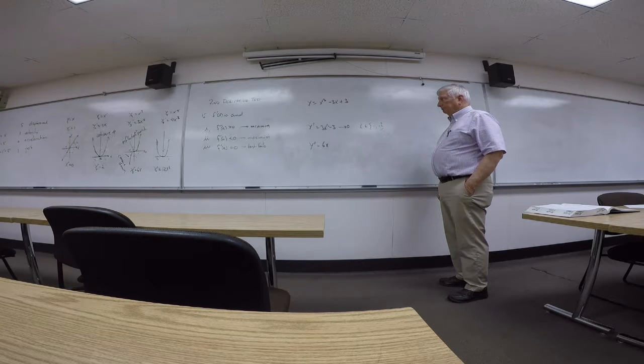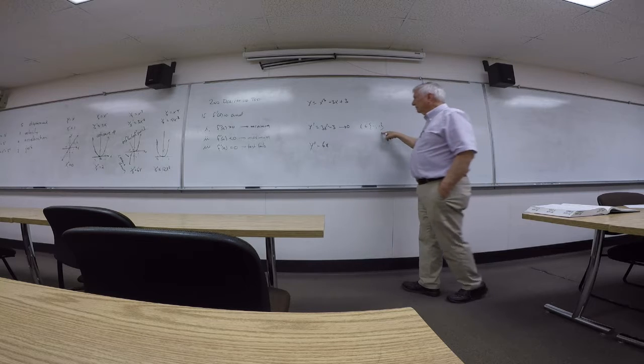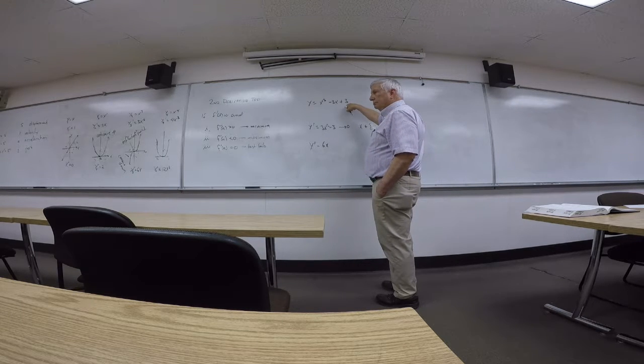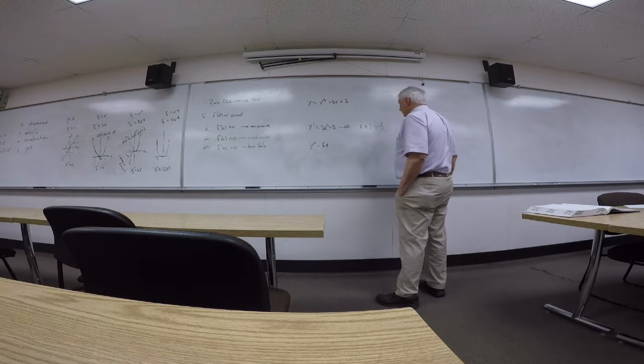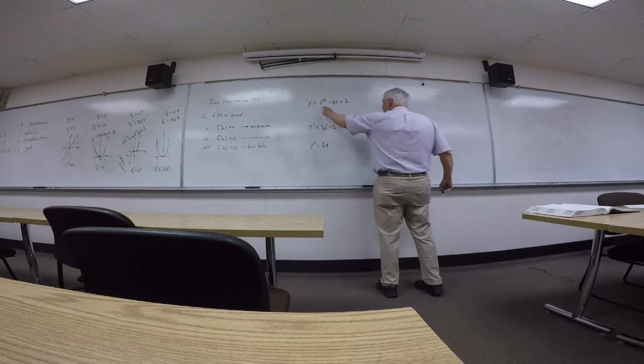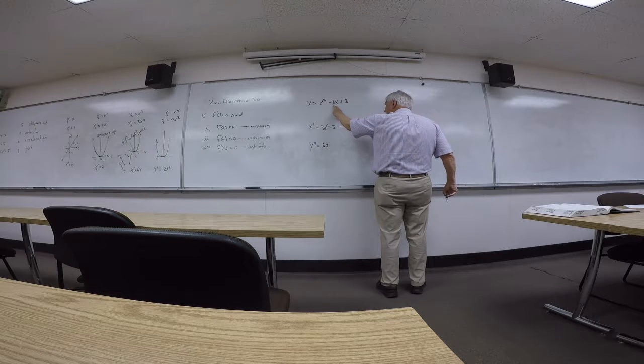So, let's plug these back into the original equation. See where those points are. We have negative 1 cubed is negative 1, plus 3, plus 3, positive 5.